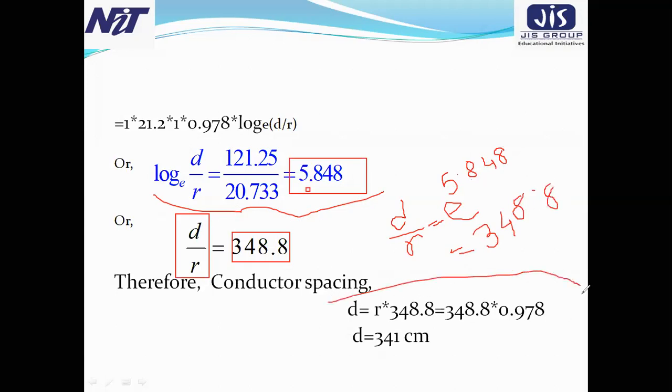Now, using this calculation, you can easily find the value of d, 341 centimeter. So this is the method.